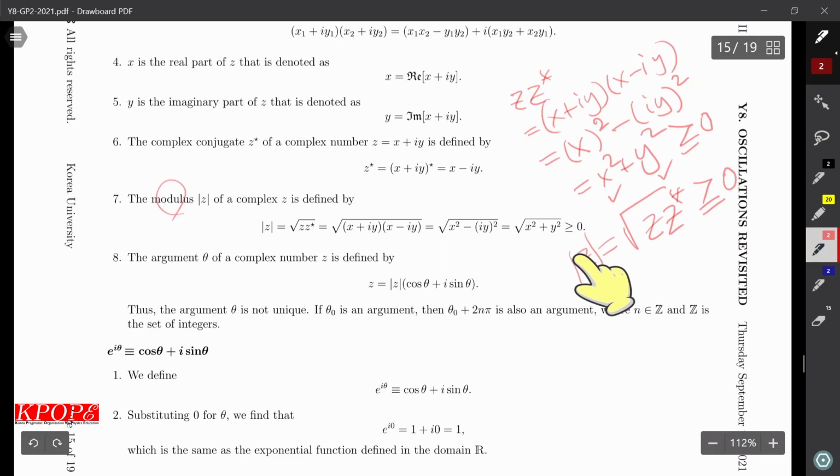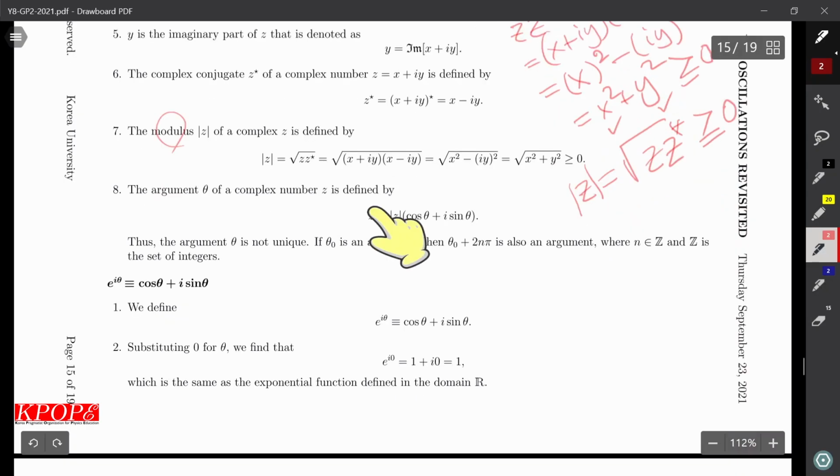The argument theta of a complex number can be defined in such a way: a complex number x plus iy can be expressed in polar coordinates. The radius r is the modulus of z, and the angle theta is the polar angle with respect to the real axis, with the real part of z and the imaginary part of z as axes.